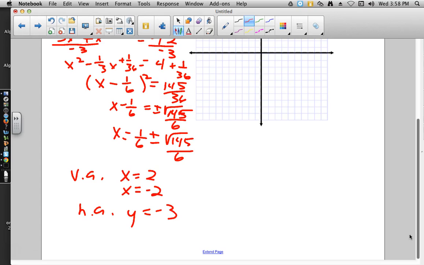And the reason that I went to all that trouble of completing the square was so that we could figure out what our x-intercepts are pretty easily. So for our x-intercepts, we would punch in 1/6 plus the square root of 145 over 6 and 1/6 minus the square root of 145 over 6. Those come out to 2.1740 and negative 1.8400.